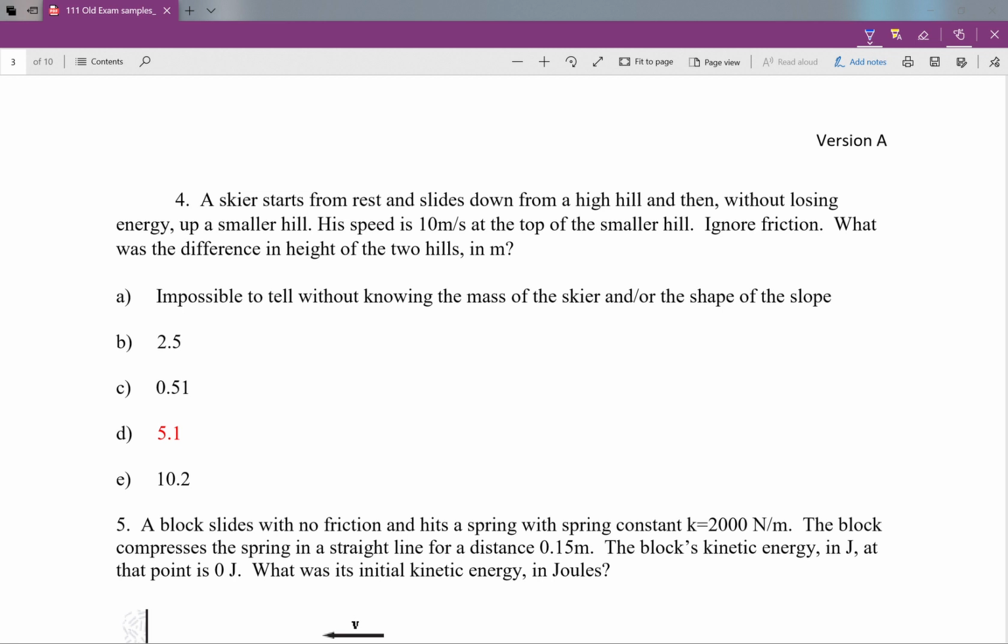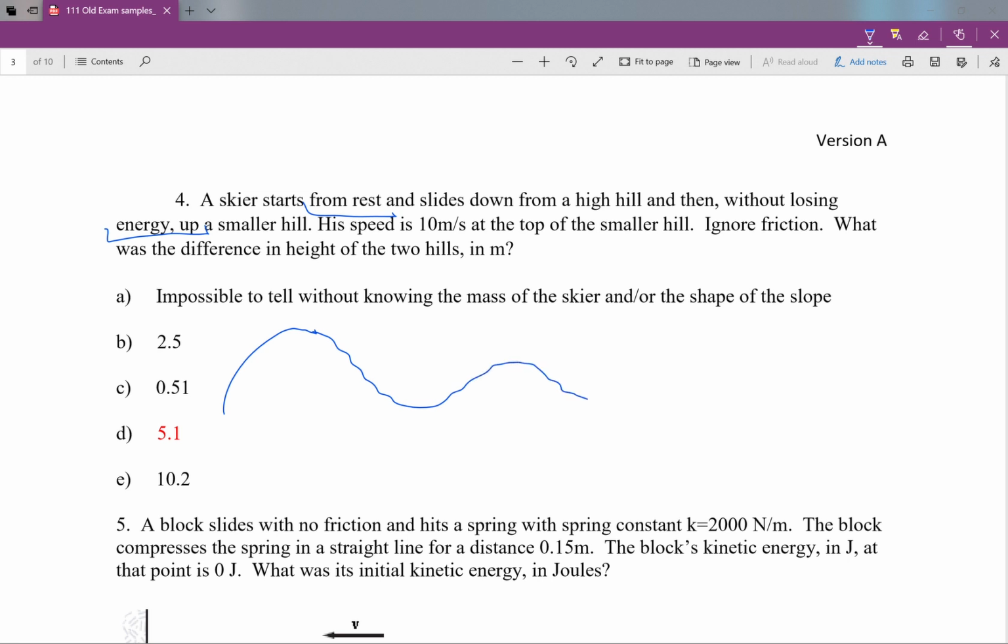Now over here, we have to take advantage of the fact that energy is conserved, meaning we can use the law of conservation of energy. They tell us that the skier starts at rest and slides down from a high hill. So let's draw it. We have a high hill, and it comes down, and then it goes up to a smaller hill.